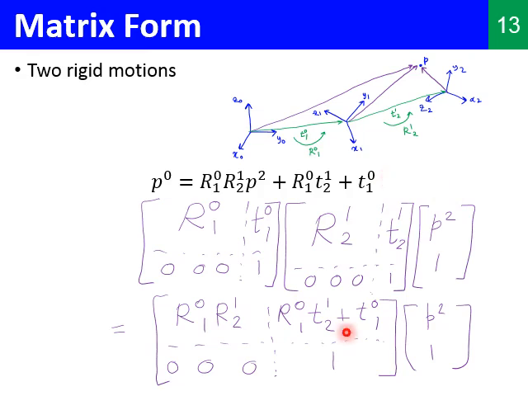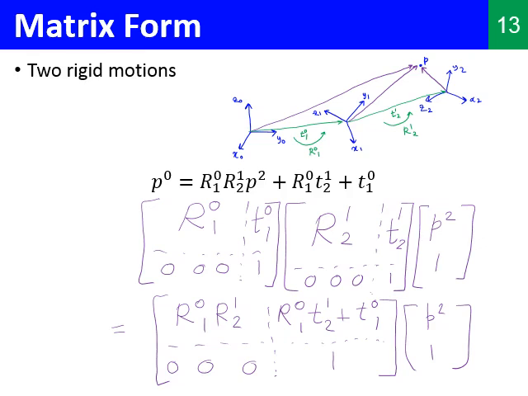So if we multiply this matrix with this one, what we get is this times P2 plus this times 1. So in fact that is what we have here, right?